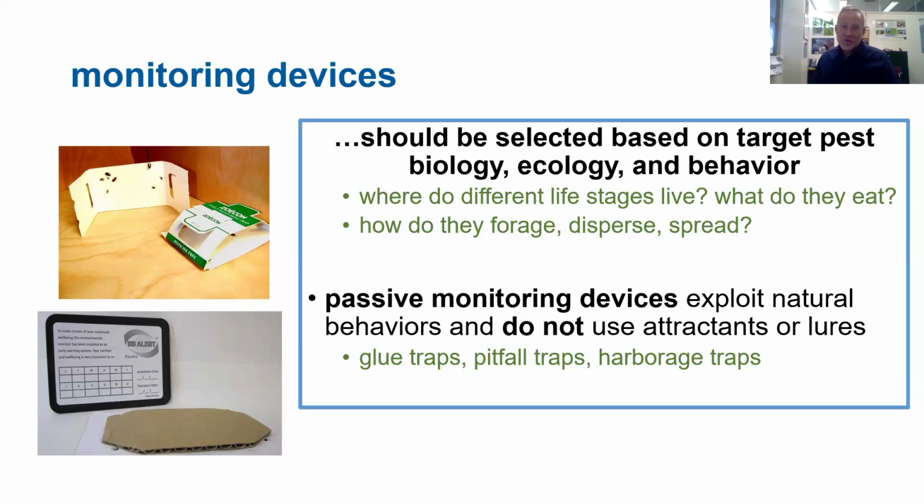In the case of the cockroach, they are running around or walking around, but they are following corners and edges. And so we may place these devices in contact with the wall or corner, trying to really trap those cockroaches as they're traversing those areas. And then, as I mentioned, the bed bugs are trying to harbor within crevices. So we can create some crevices that we can later inspect.